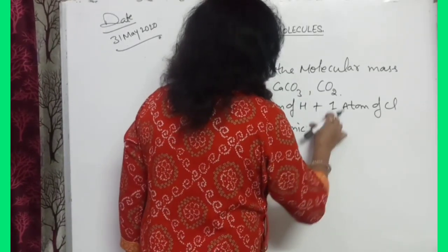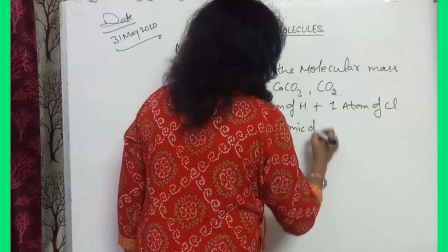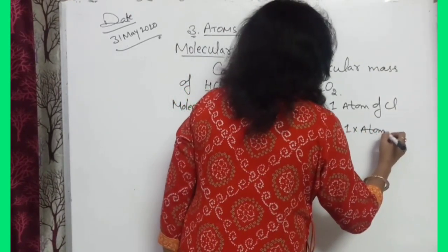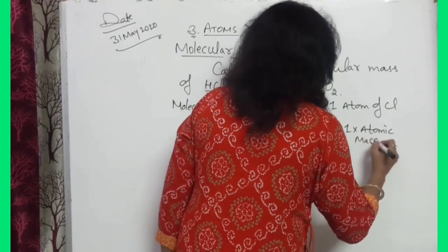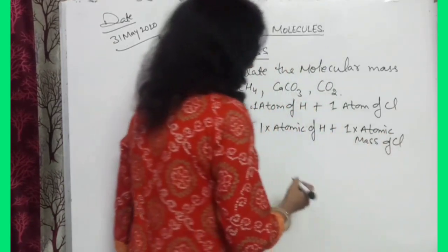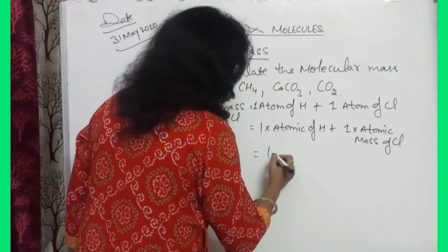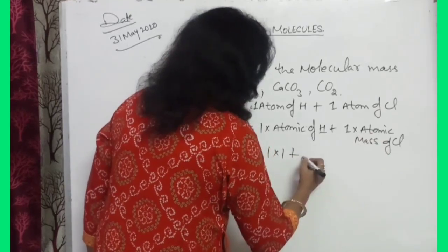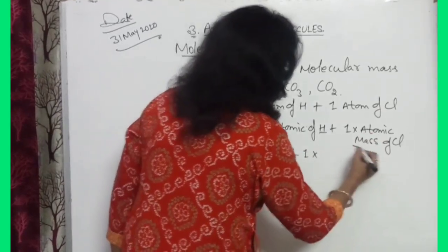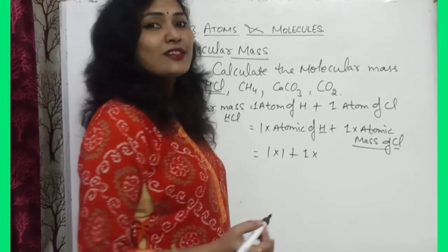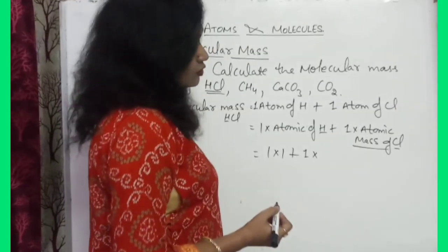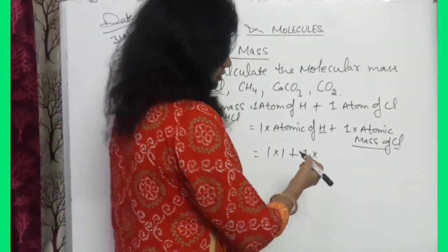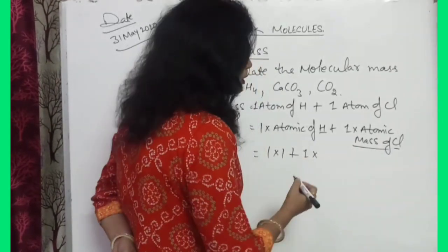So 1 into the atomic mass of hydrogen, that is 1, plus 1 into the atomic mass of chlorine, which is 35.5. Sorry, 17 is the atomic number.